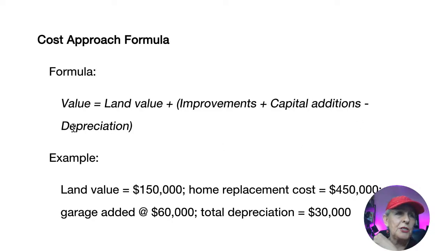And the depreciation will be of the building, not necessarily the land. So land is land, okay? It doesn't necessarily depreciate. It goes up or down because of the market. But a building, as it gets older, it's depreciating in value.